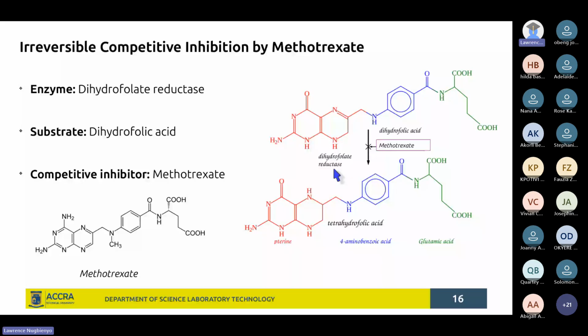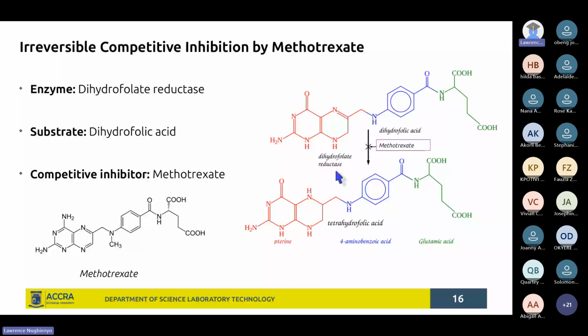Because the tetrahydrofolic acid, if you look at the biosynthetic pathway of the nucleic acids, you see that folic acid acts somewhere in the reactions, so that without it as a coenzyme, you have the disruption of the production of the nucleic acids.